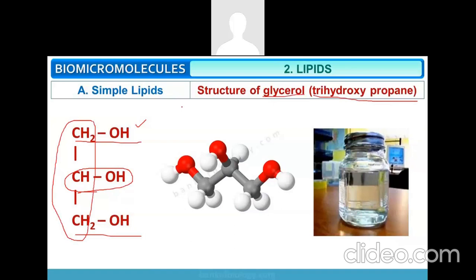When you say C3, it basically represents propane of the alkane hydrocarbon chain. So it is trihydroxy, and since it is substituted by hydroxyl groups on all three carbons, it becomes trihydroxypropane.